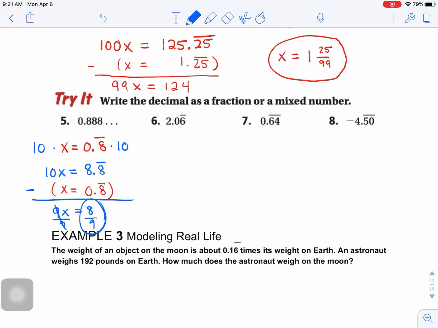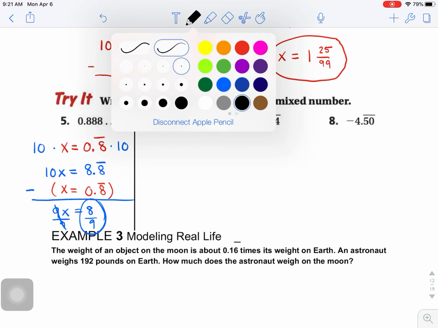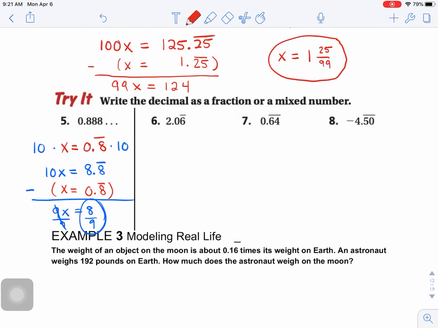Same idea for that next problem. Here, we have x equals 2.06 repeating.